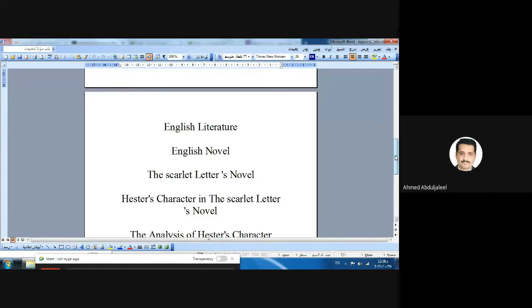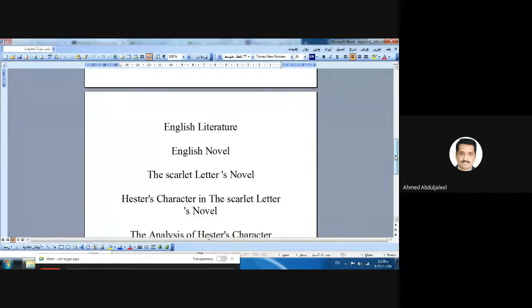The novel itself, again, is too wide. What to take? How many characters do we have? How many themes? How many events are we going to tackle? Then we limit it by choosing one character, Hester. Hester is one of the characters in the novel, and we say Hester's character in The Scarlet Letter novel.